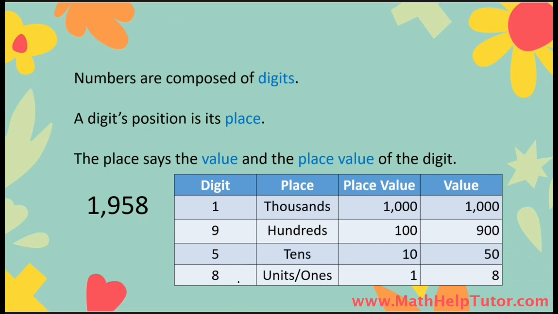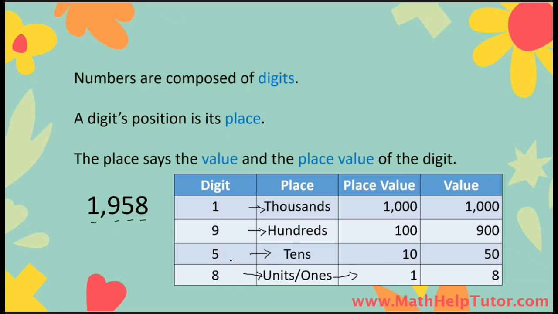So the digit 8 is in the ones place. The digit 5 is in the tens place. The digit 9 is in the hundreds place. And the digit 1 is in the thousands place. Each of these places have their own place value. So the place value of the units place or ones place is 1. So this is the place value of the ones place. It's 1.